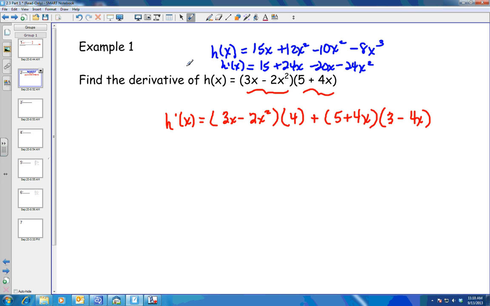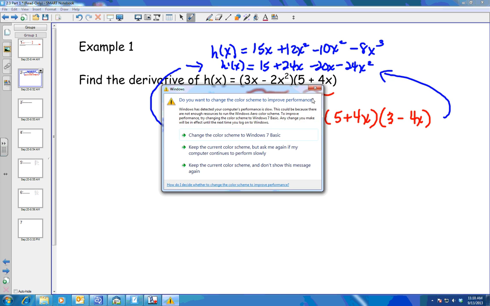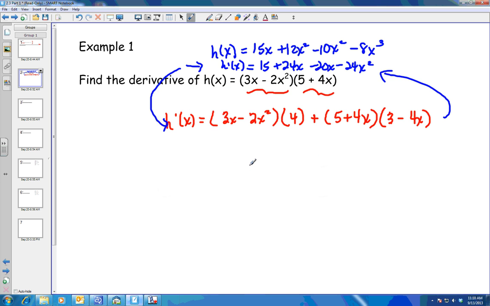Now, why does this look different than this? Because they're supposed to be the same. Well, if I multiplied all this out, I would get that same answer. Okay, and I know I have like terms here. I could go ahead and combine. All right, so either answer would be correct, and you can do it either way.